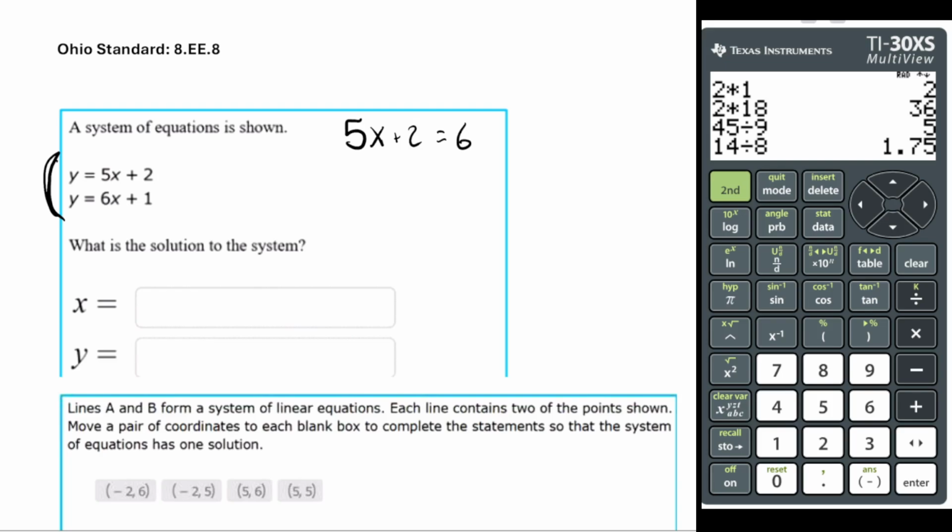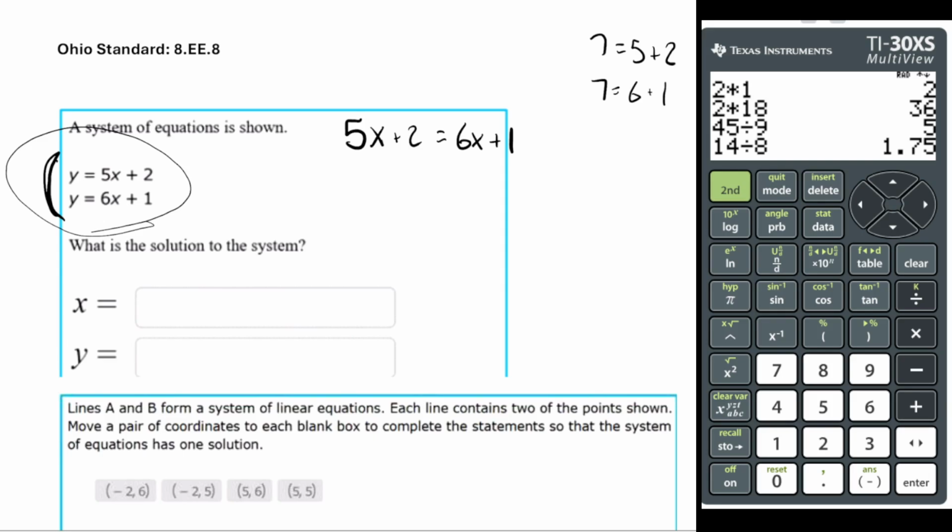And when we talked about it in class, the way I said it was that imagine instead of having variables here, you had two equations where it said that 7 is equal to 5 plus 2, and 7 is equal to 6 plus 1.